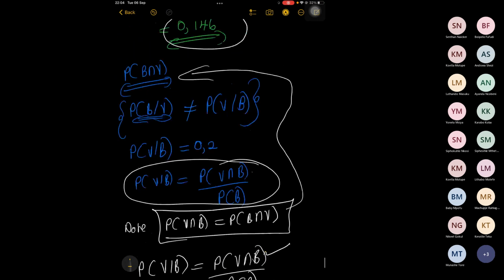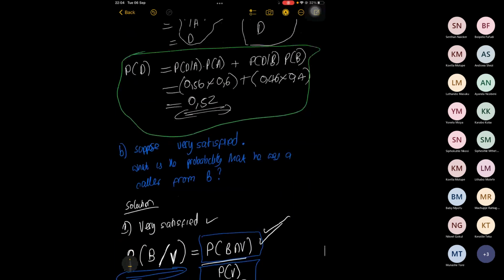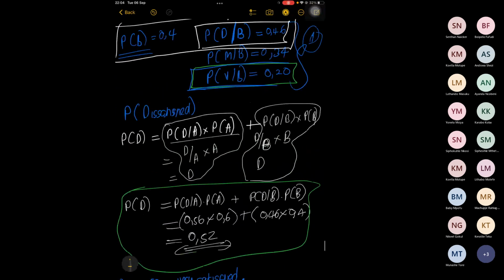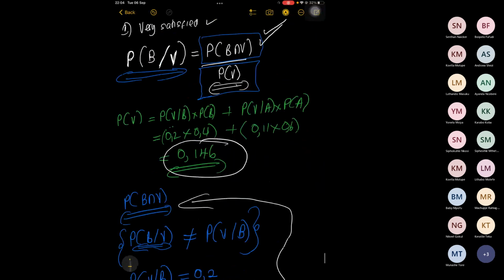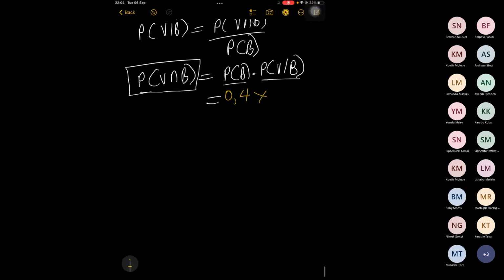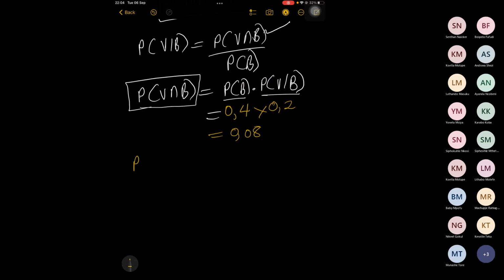From the question, V given B is 0.2. So it's going to be 0.4 times 0.2, then you get 0.08. So now you know that probability of V intersection B, which is the same as the probability of B intersection V, is equal to 0.08.